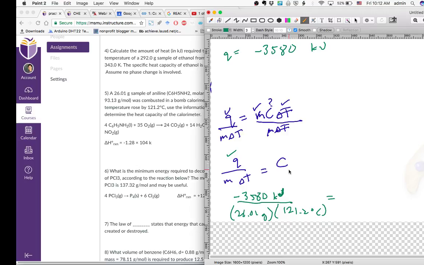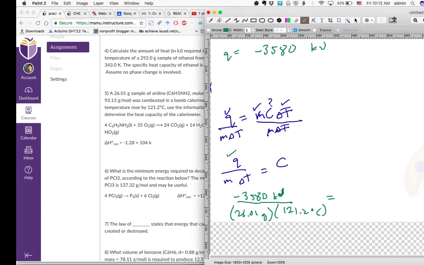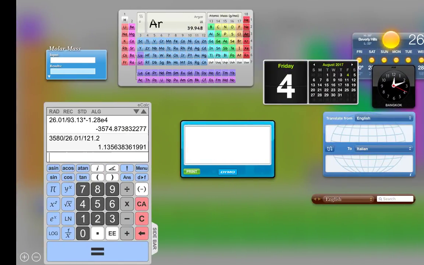I'll do this in a calculator, but then I'm going to convert this back to joules. 3580 over 26.01 over 121.2. That's 1.36 kilojoules per gram per degree Celsius.